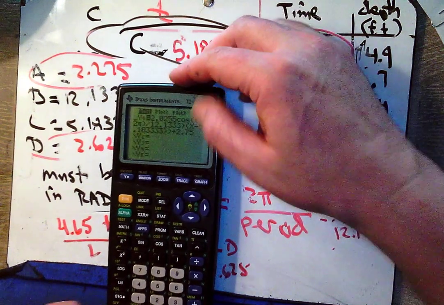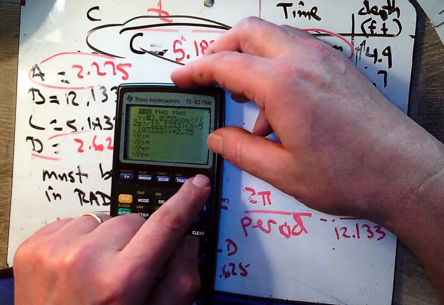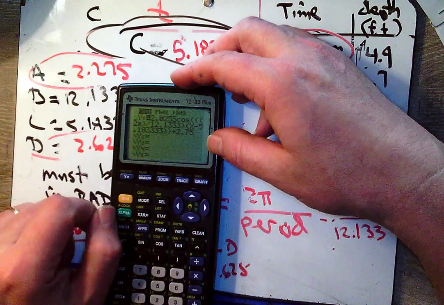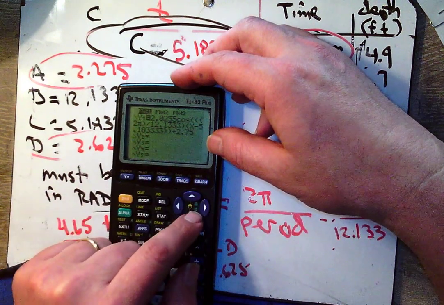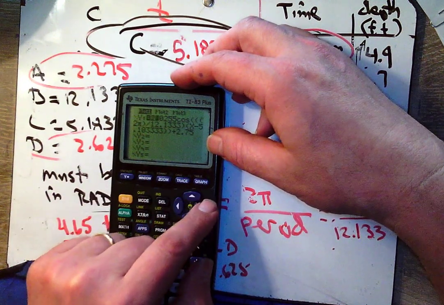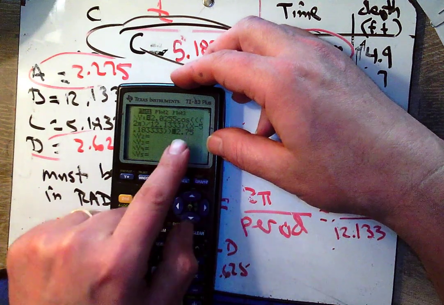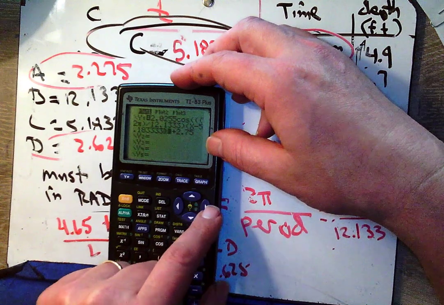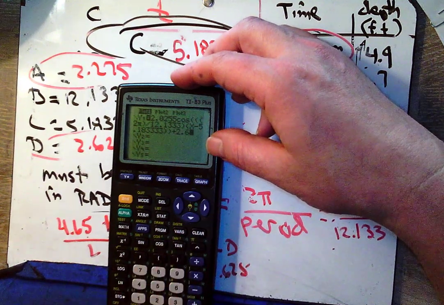There we go. Sorry, it's the old D value, not the new D value. 2.625.